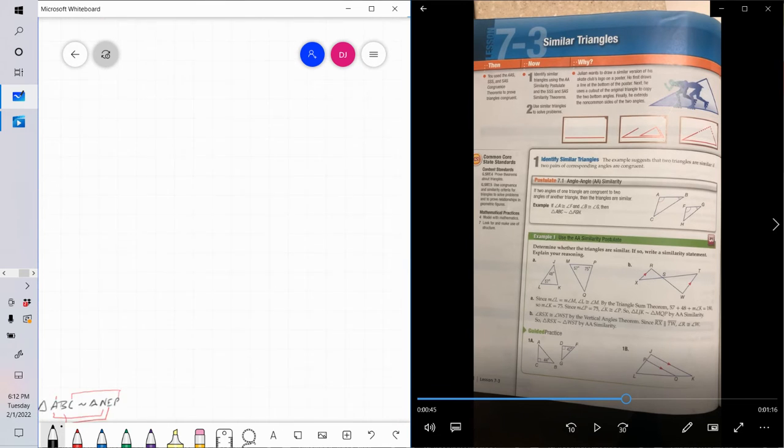So let's look at example 1 here. Part A: are these two triangles, JLK and MPQ, similar to each other? And then write a similarity statement if in fact they are. We have triangle JLK where angle J is 48 degrees and angle L is 57 degrees.